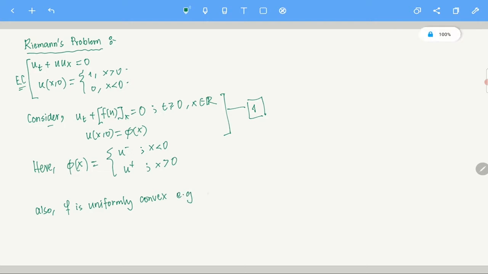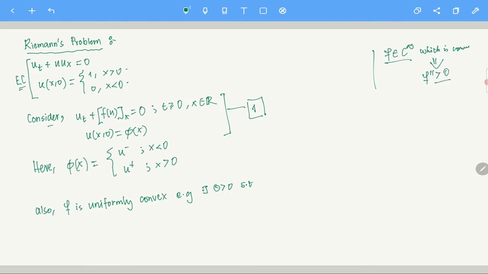It means that there exists a theta greater than 0 such that, please understand, you know all about convexity. Let's say f is a C infinity function which is convex. Then we all know that f double prime has to be greater than or equal to 0.